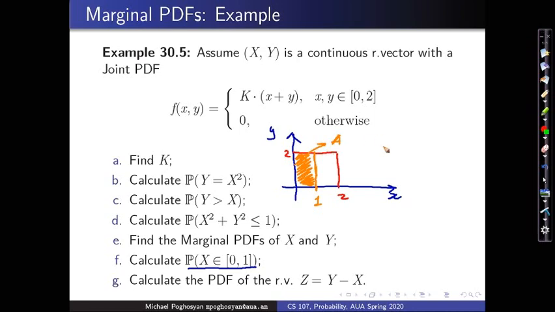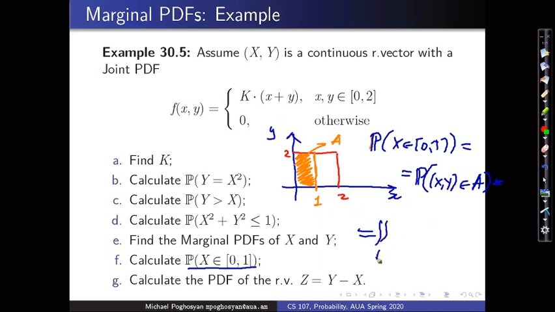So the probability, let me write in blue, the probability that x is between 0 and 1 is the same as the probability that my point (x,y) is in A, in this rectangle. And now I can use double integration over A to calculate that probability.